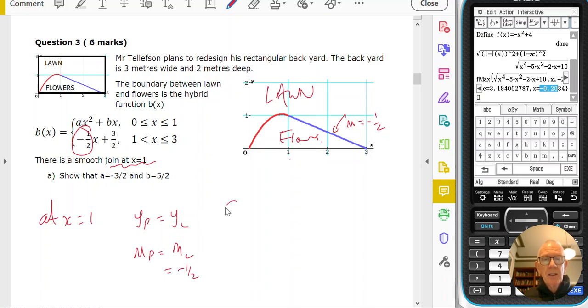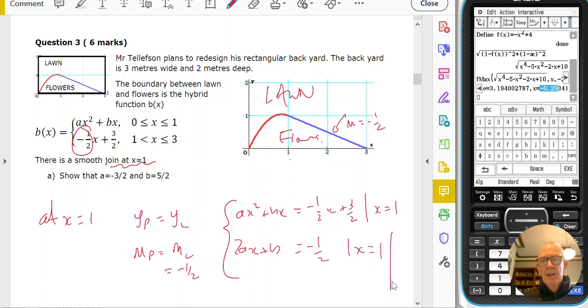So in my simultaneous equations, I'm going to be doing ax squared plus bx equals negative a half x plus 3 on 2 given x equals 1. So the two y values are equal to each other. The derivative of this is 2ax plus b equals negative a half given x equals 1, and solve for a and b.